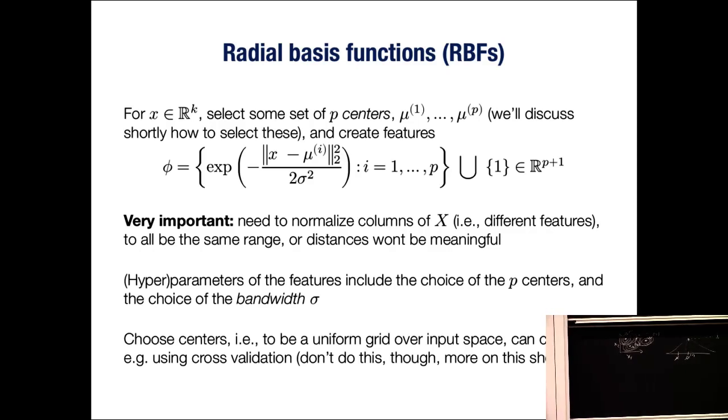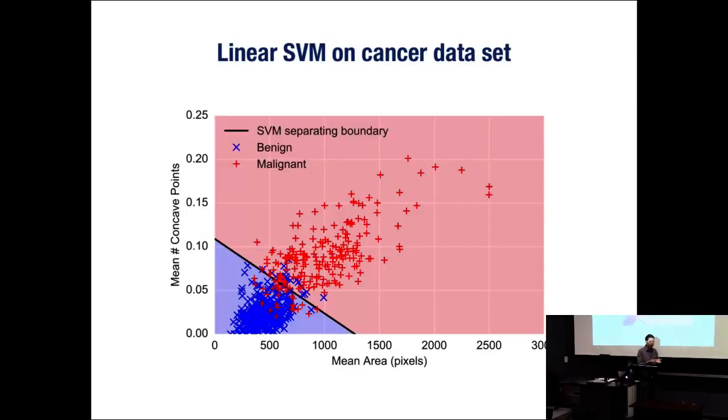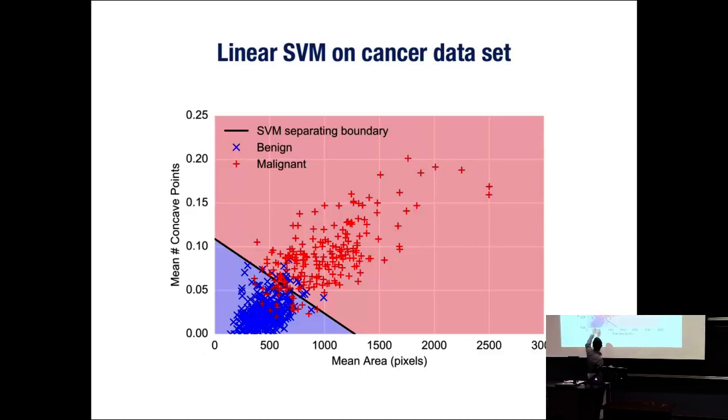This was our classification example where one axis was the mean number of pixels of the area of the cell, and one axis was the number of concave points. If you compute distances in that raw space, the distance in that dimension will be completely dwarfed by the distance in this dimension, because these are in units of thousands and these are in units of 0.1s.